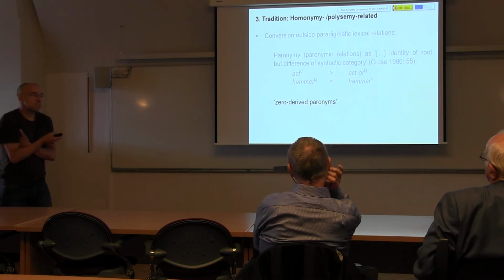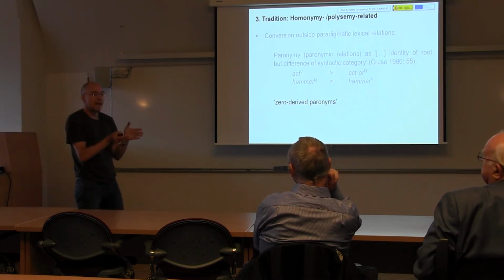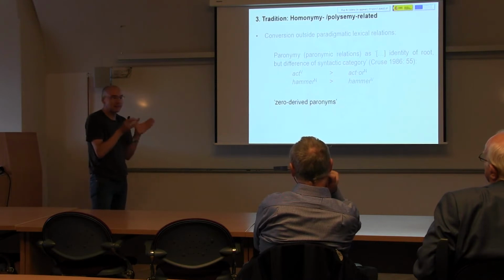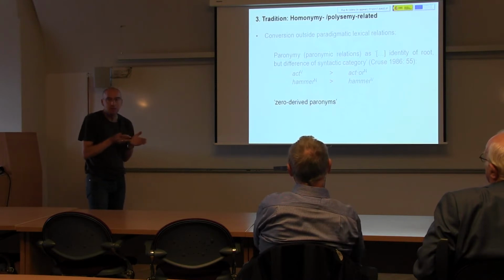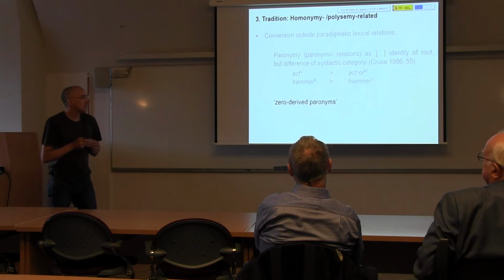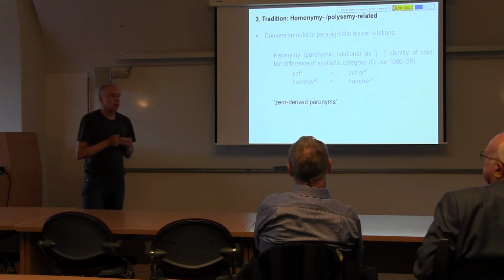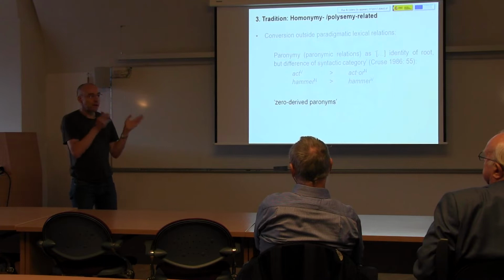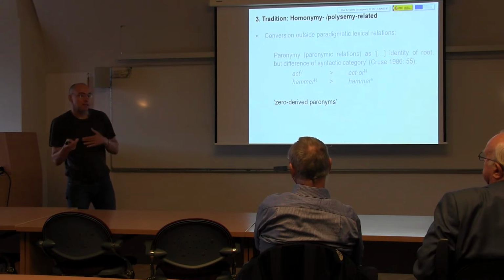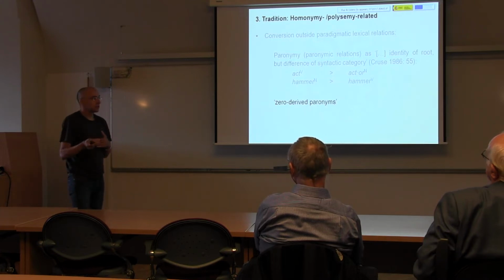So this is the only reference where we move aside from paradigmatic lexical relations, which I think is important because in the case of conversion, we are not only talking about formal identity and semantic similarity or dissimilarity, we are also talking about the grammatical component that is involved in the word class change.